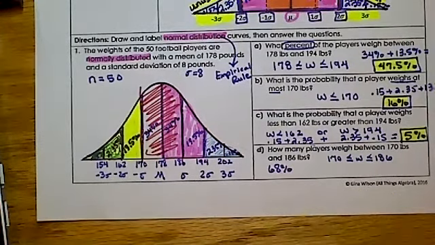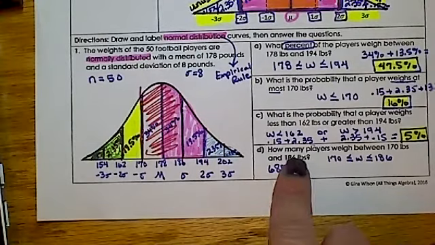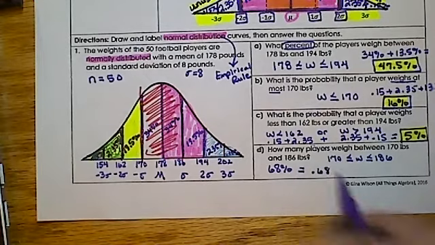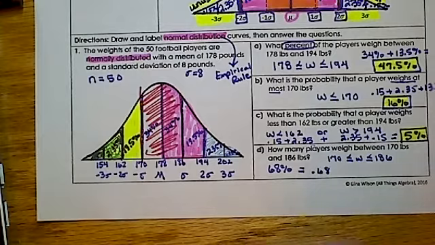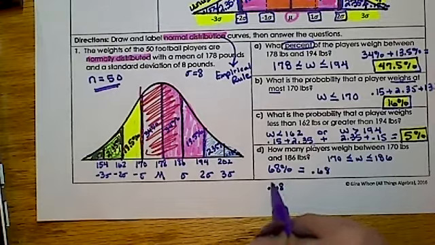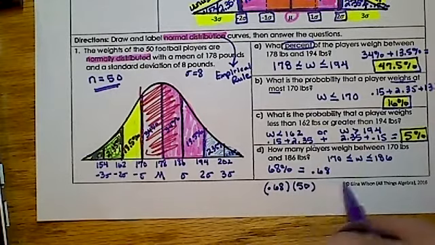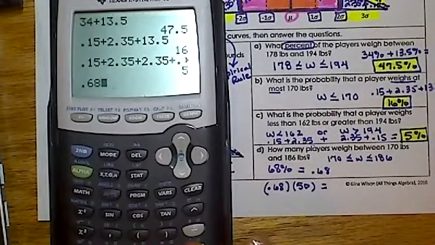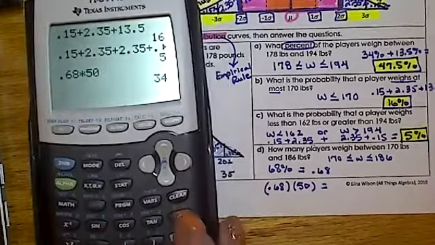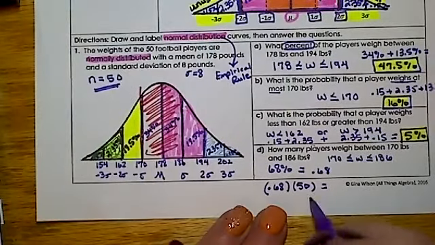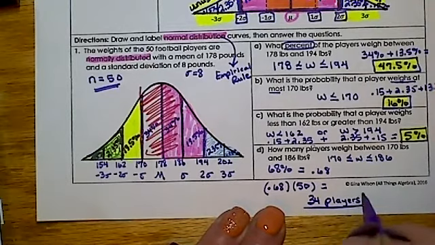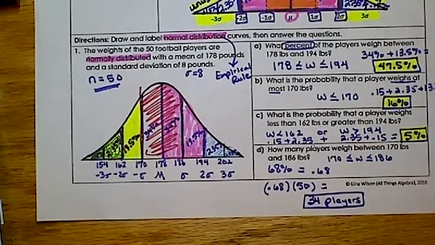Now this question does not ask about percentages, but it asks how many players. So we have to change the percent to a decimal, move that 2 places to the left. We had 50 football players. So we look at 68% of 50 to figure out how many football players that would be. So 0.68 times 50 would give you 34 players. So approximately 34 players would weigh between 170 and 186.